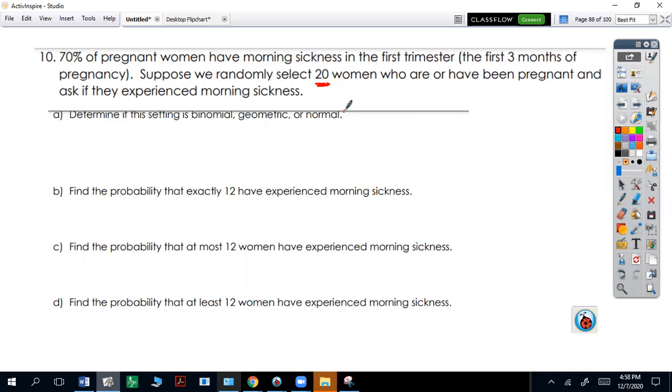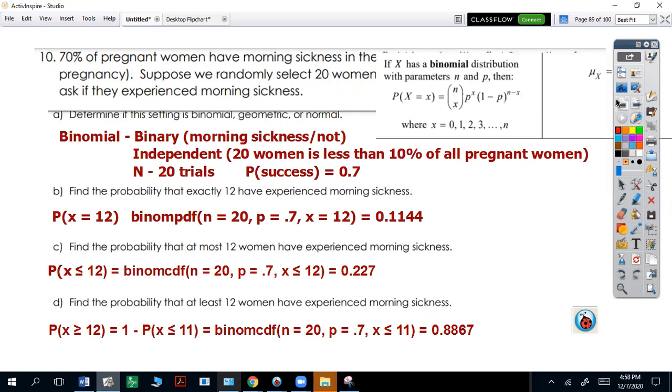We have a set number of trials at 20, and we are talking about a probability of success being 70%. So all said and done, our binomial is binary, independent, has a set number of trials, and the probability of success is 0.7.